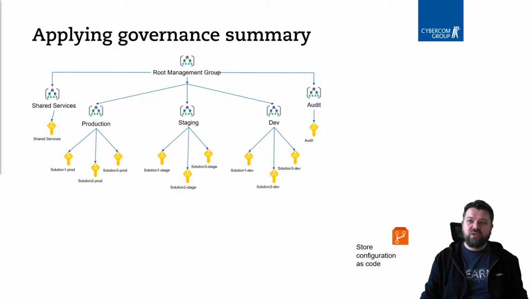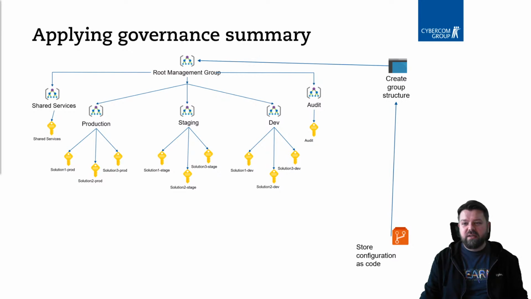But what you can do is a lot of automation through this, and you can create the management group structure. Now I said, yeah, you can do this automatically. Is it worth doing it? Well, that depends. Microsoft says that your management groups can change a lot, and you can scale up and change them as much as your organization changes, which is a good thing.